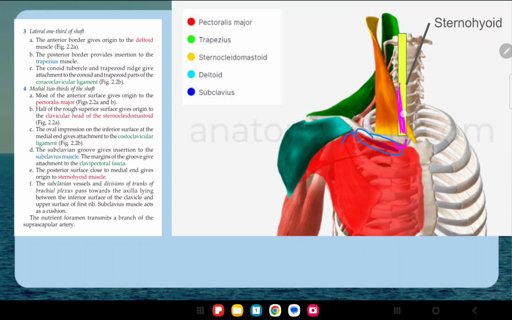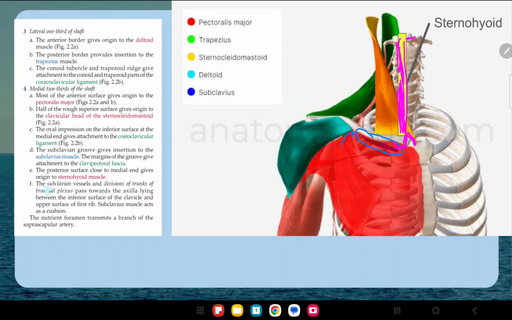This is called the sternohyoid muscle, running from the hyoid bone down to near the sternum. Some part is on the clavicle and some part on the manubrium. That is why we call it sternohyoid.